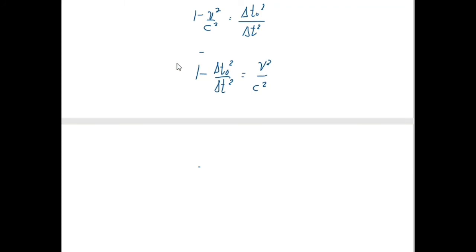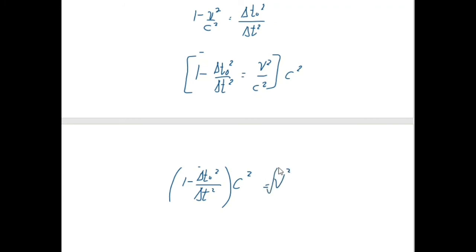Pero we are only looking for velocity, so we can multiply everything by c squared. So we now have 1 minus delta t naught squared over delta t squared, then multiplied by c squared, equals v squared.